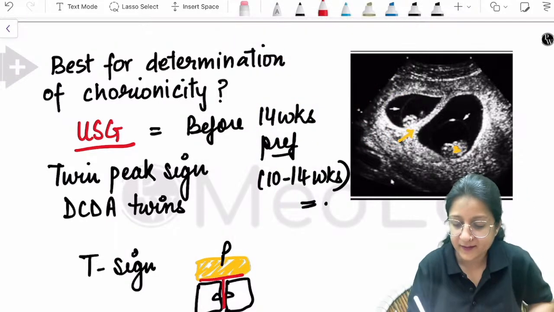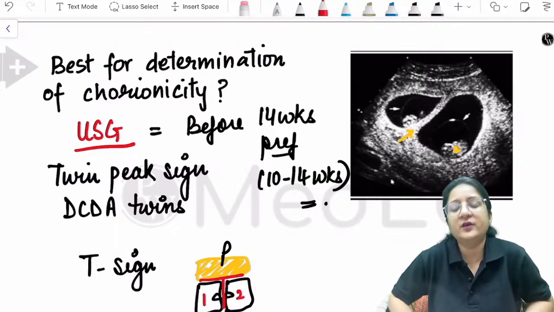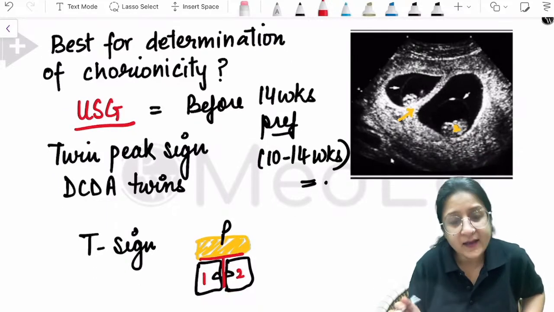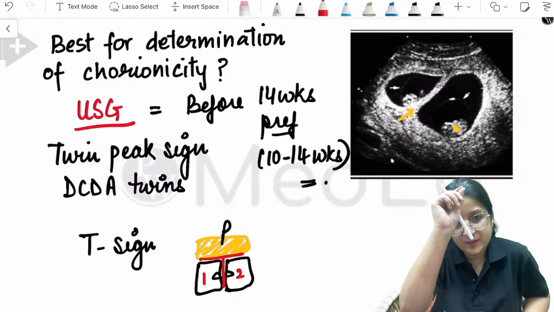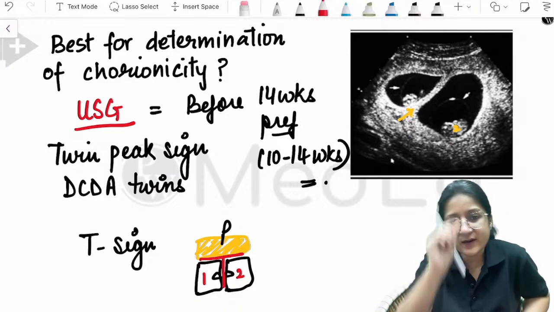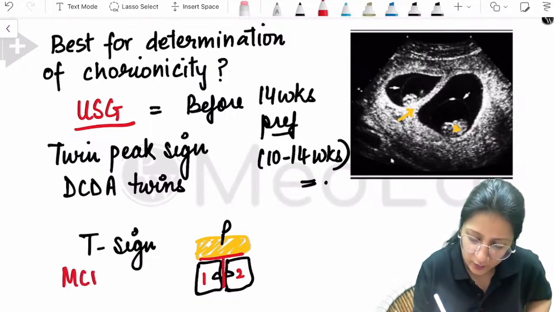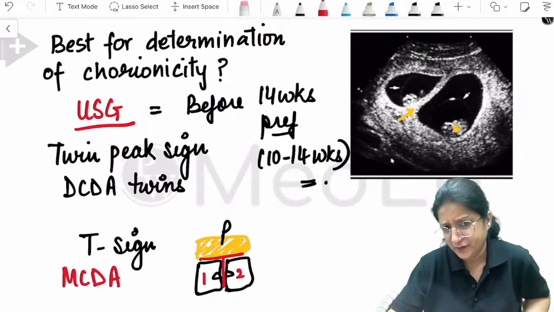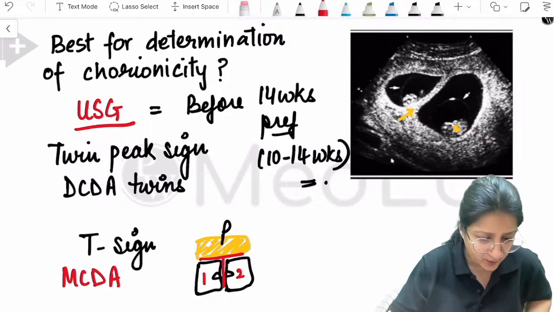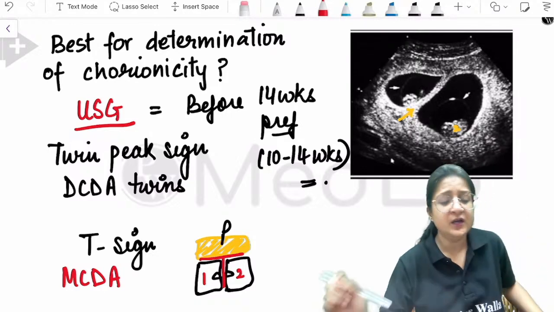This is the T sign. This is twin number 1, this is twin number 2 in their own sacs. The placenta is developing, and the placental tissue or the chorion is not there in between the intertwin membrane. This is the T sign, monochorionic diamniotic type of twins.